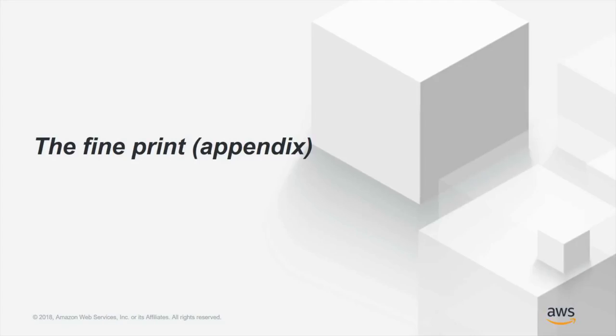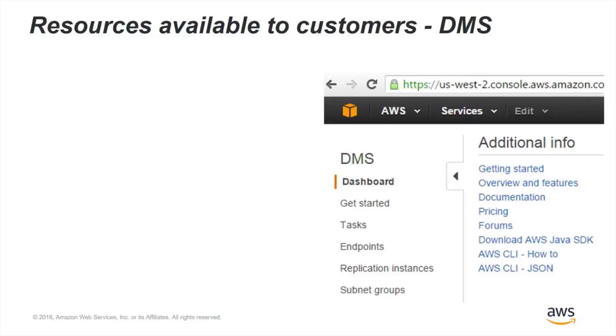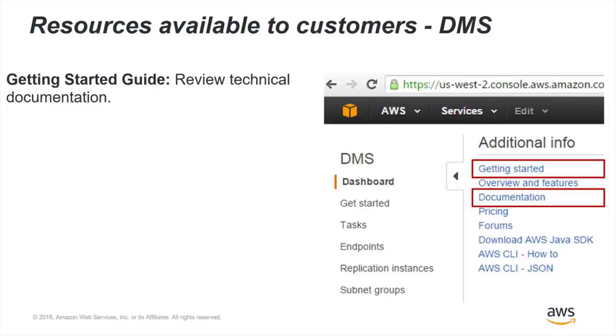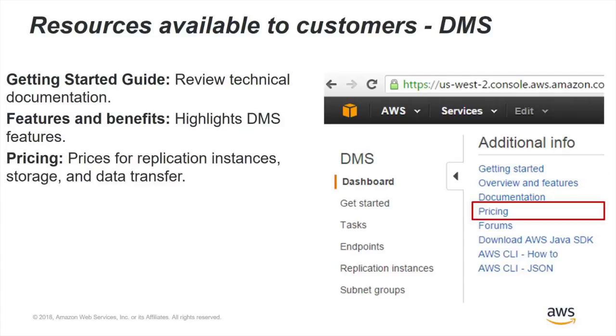The fine print, the appendix, the resources that are available to customers to get started with DMS and the Schema Conversion Tool. On the console itself, you have the getting started review and technical documentation. You can review the features and benefits, where we talk about our best practices.